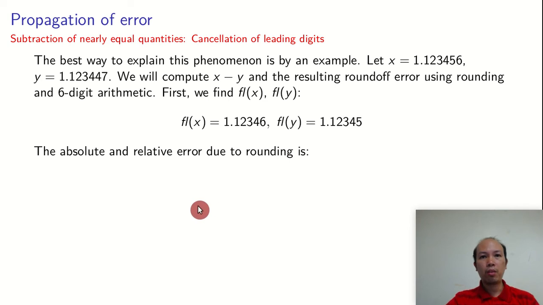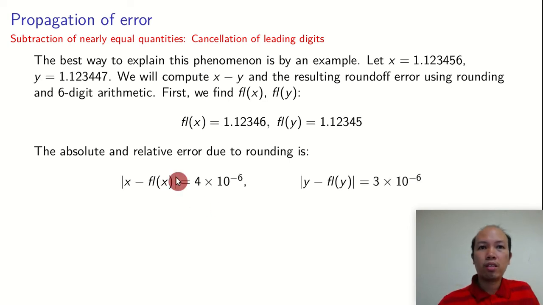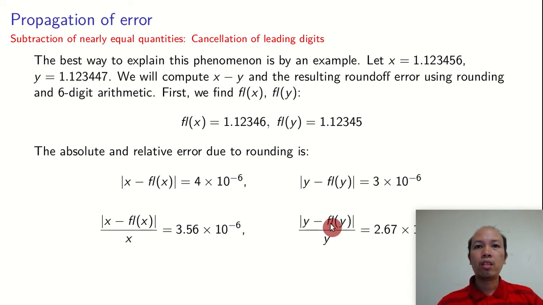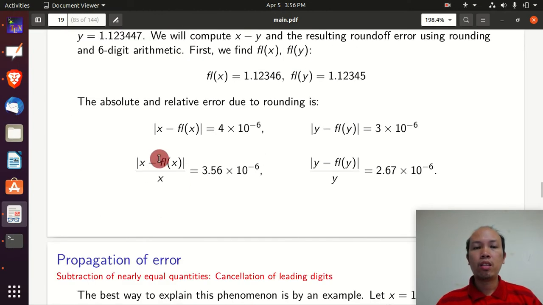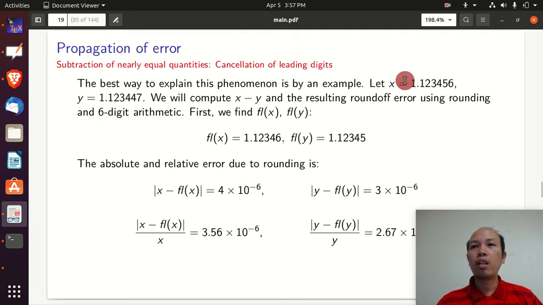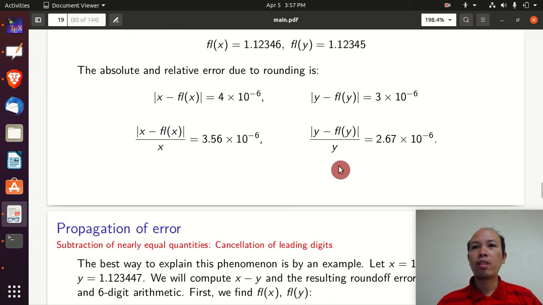The absolute error due to rounding is this one. We already know how to solve this quantity here, and this is the absolute error, and this is the relative error. I did not put absolute value here because our x is positive. So this is for y.